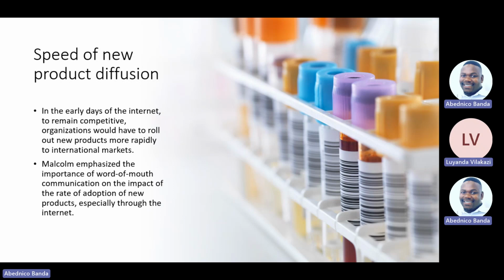For example, if I have bought something from Wish and I encourage you to buy from Wish, knowing very well that Wish does not sell quality products, tomorrow you're going to come back to me, like, you gave me wrong advice, I wasted my money. So people talk about something that they know is valuable, right?